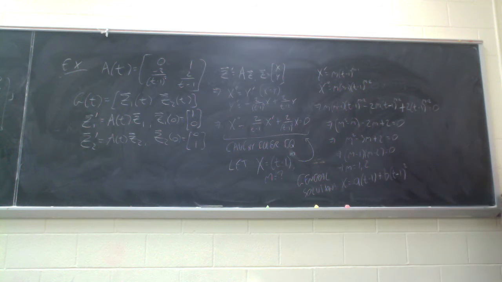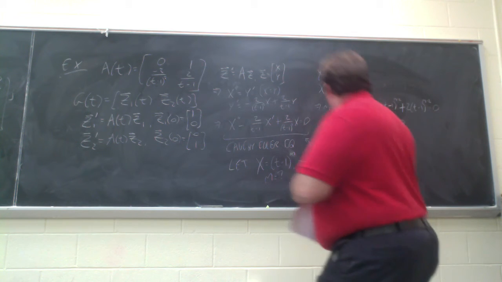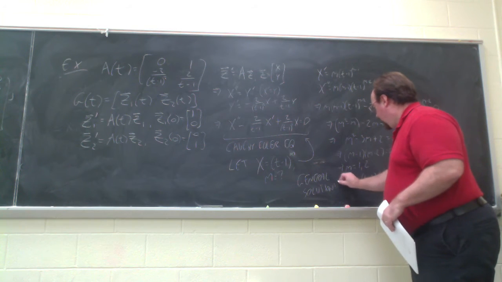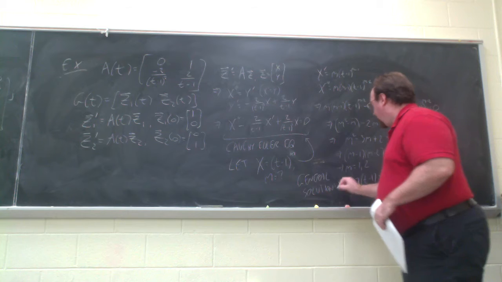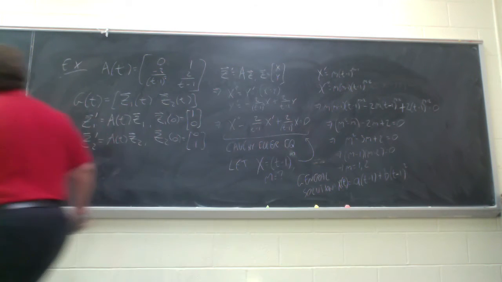So that describes all possible solutions of this Cauchy-Euler equation, which would then be the first components of our solution z. Now we just have to find the appropriate a and b to satisfy our initial conditions. Actually, I should write this as x of t, since it's definitely a function of t.